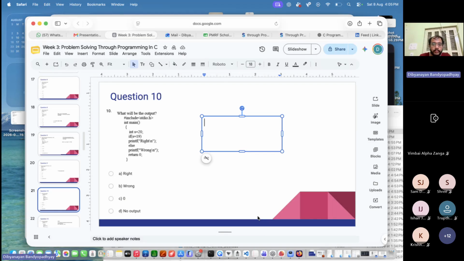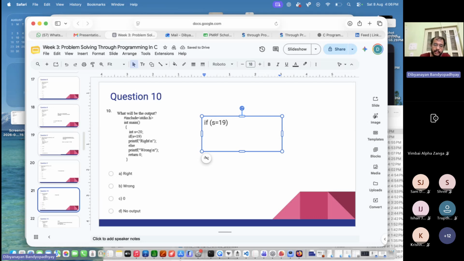Okay, so if s equal to 19, what does it mean actually? The value of s is equal to 20, then this expression you are doing. If you see carefully, this is an assignment expression. So s you are assigning to 19.